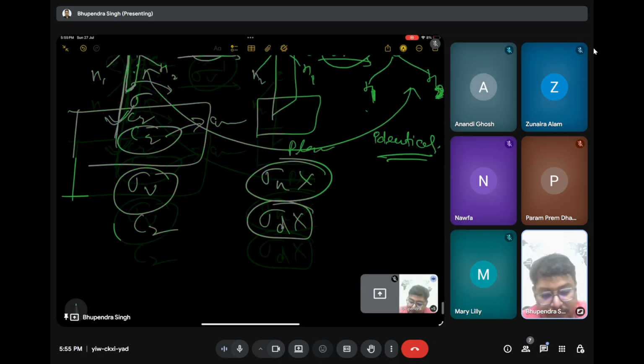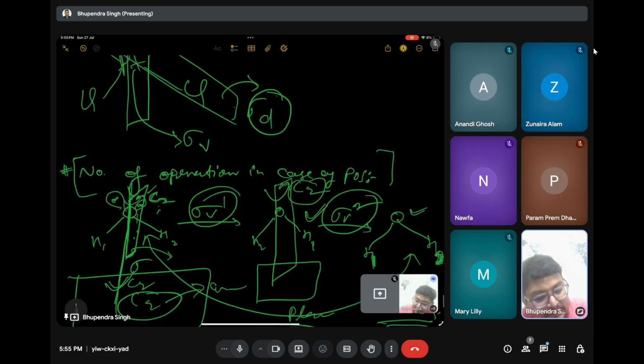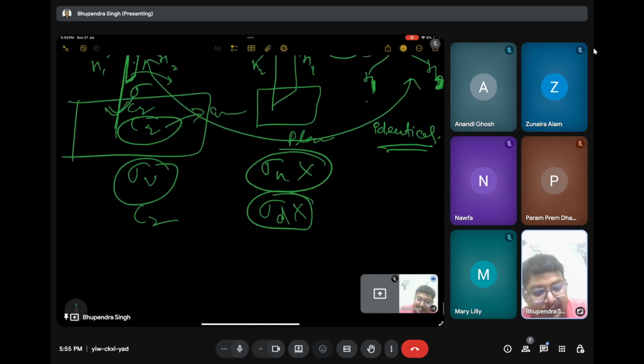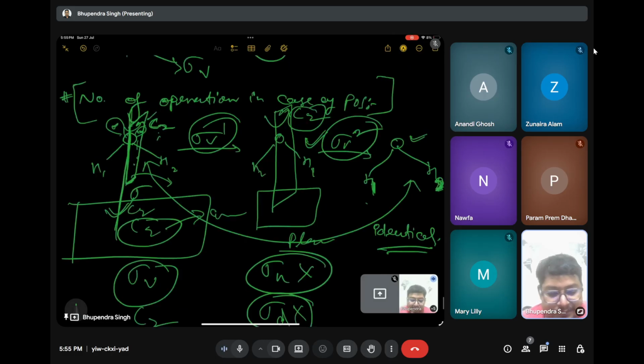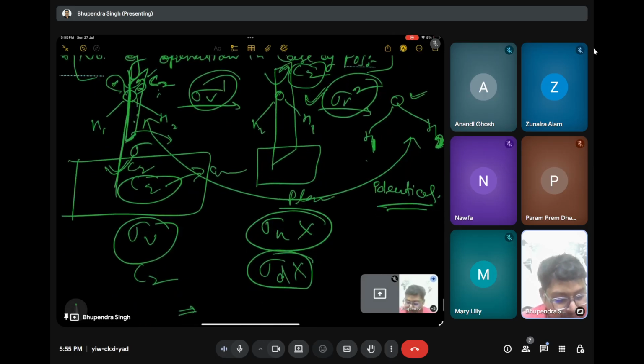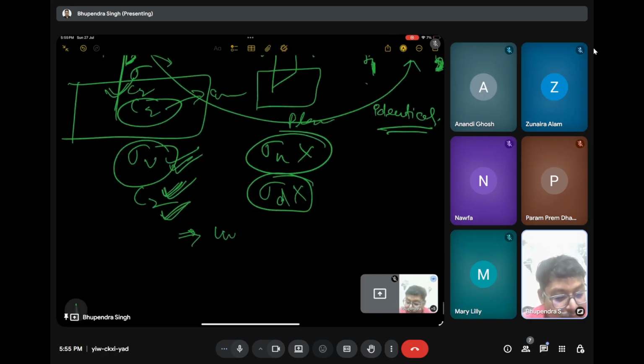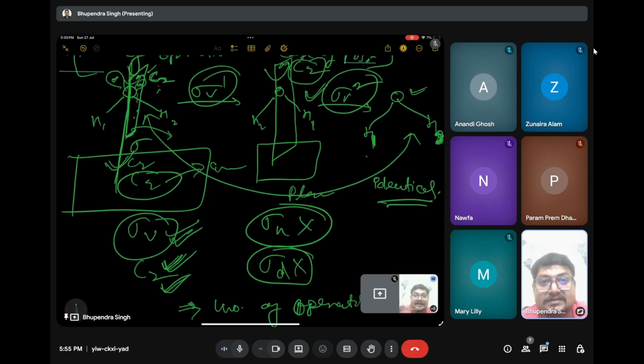For this example, I think I have summed up everything we learned from the beginning: axis of symmetry, plane of symmetry, rotation, reflection. The number of operations required to get the identical structure is 2.